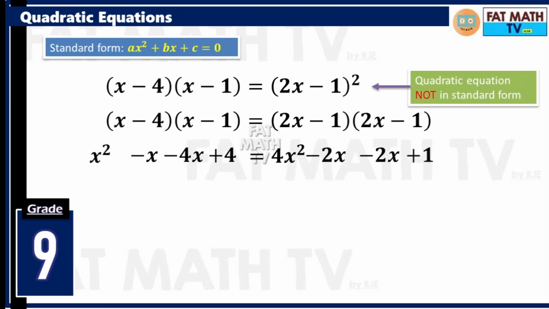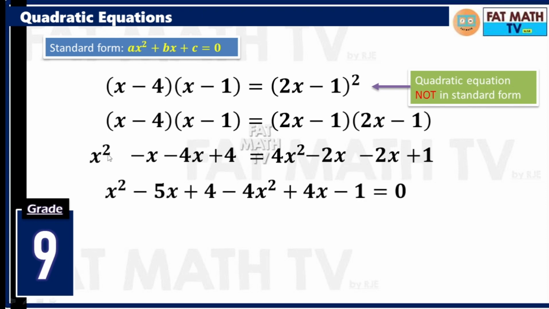And then we will have x squared copy. Negative x minus 4x is negative 5x plus 4 copy. 4x squared put to the left side, that's going to be negative 4x squared. Negative 2x minus 2x, that's negative 4x, put to the left, you will have positive 4x, and this positive 1 put to the left, it's going to be negative 1. And what's left on the right side of the equation is just 0.